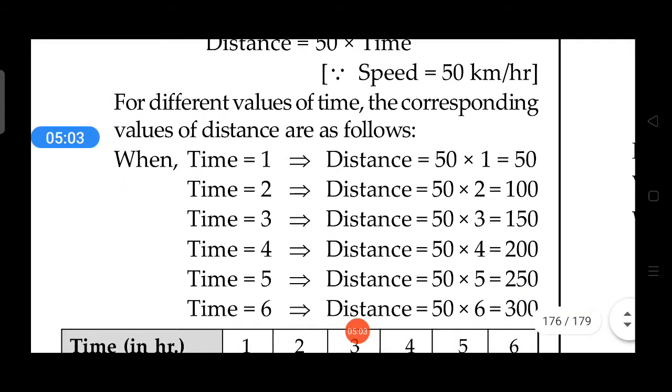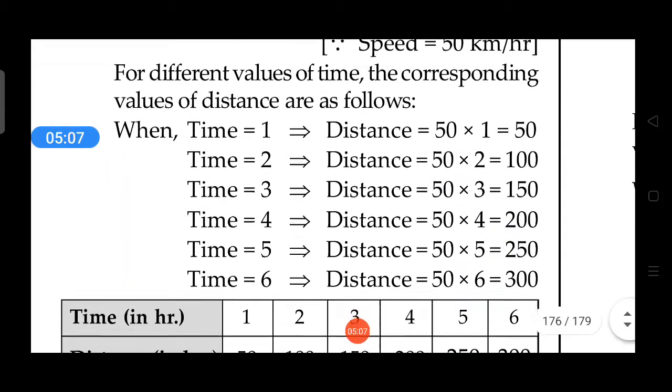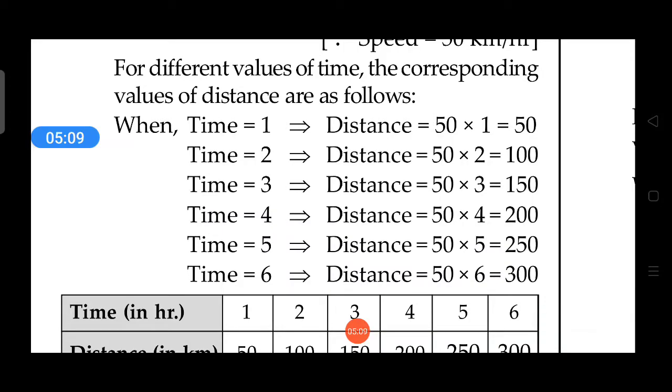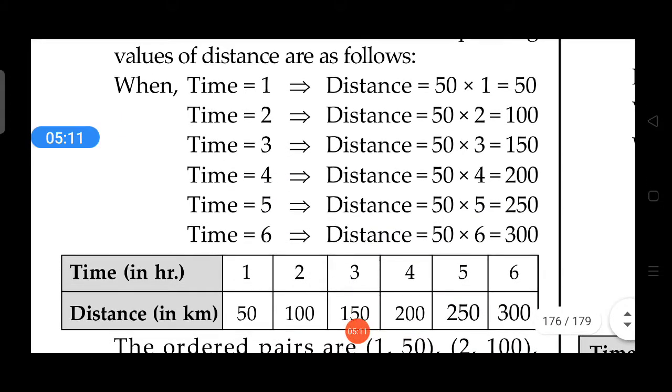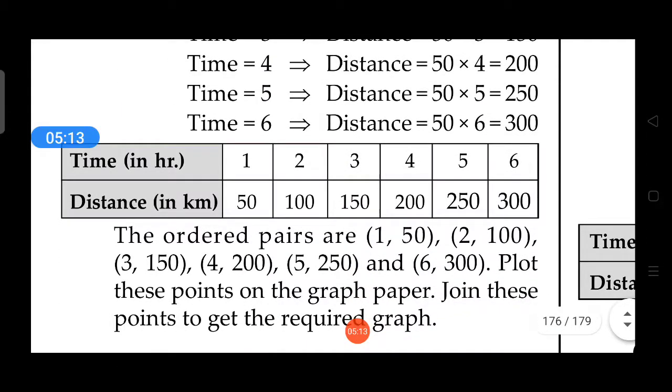So time is 1, 2, 3, 4, 5, 6, and distance is 50, 100, 150, 200, 250 and 300, and accordingly we'll write the ordered pairs (1, 50), (2, 100), (3, 150), (4, 200), (5, 250) and (6, 300).